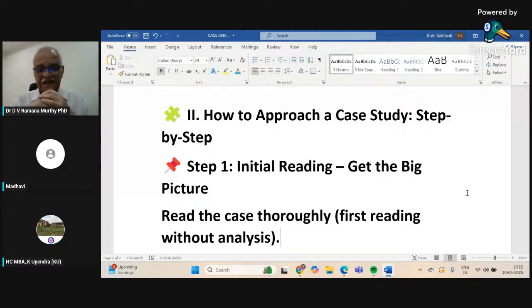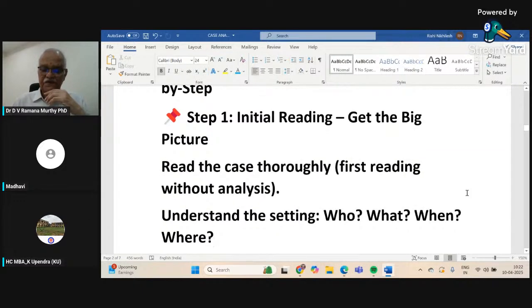But then the second important aspect when we refer to the case method is how to approach a case study. Because the first important step is initial reading.